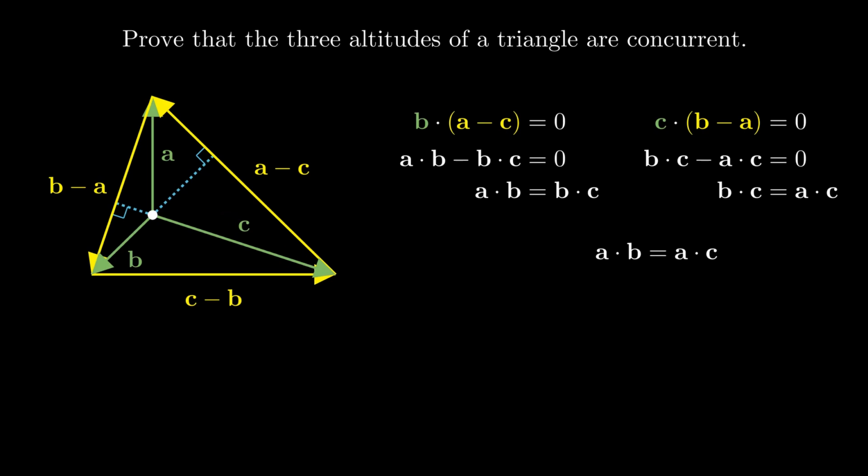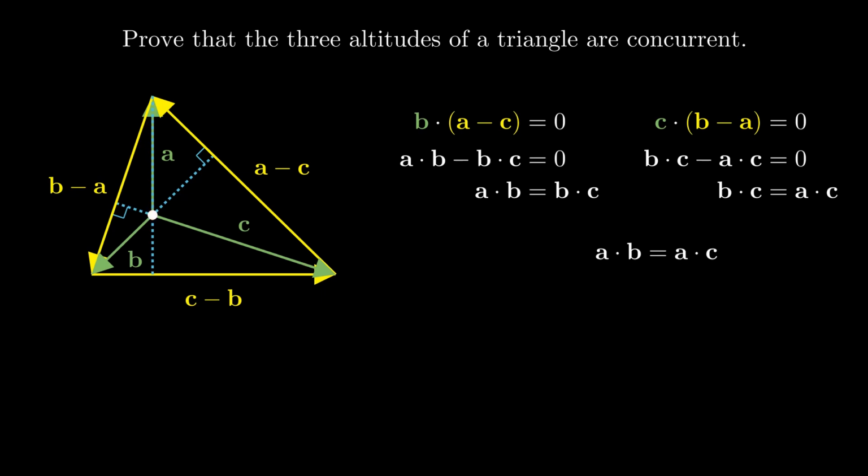Okay, but here's the real kicker. By setting things up this way, we can actually change the way we think about the problem. Since we've already locked down the point of intersection between two altitudes, we only need to prove that the final one passes through the same point.